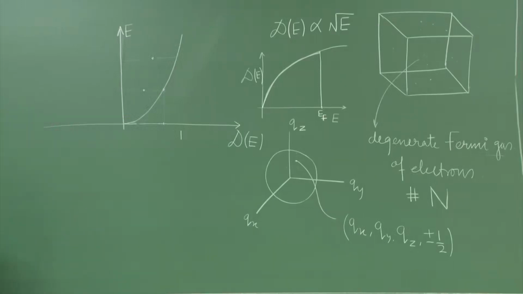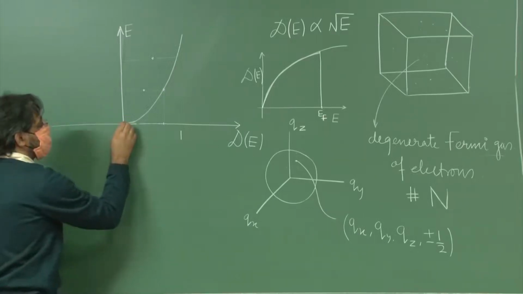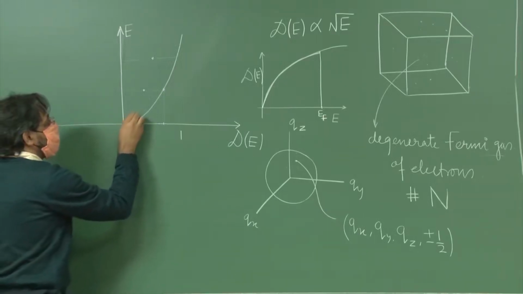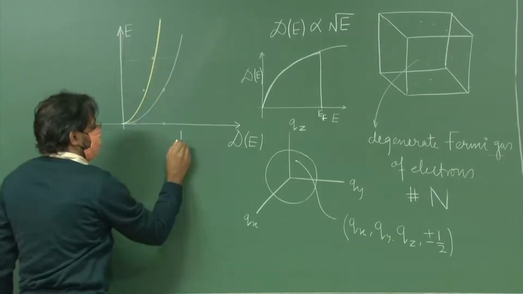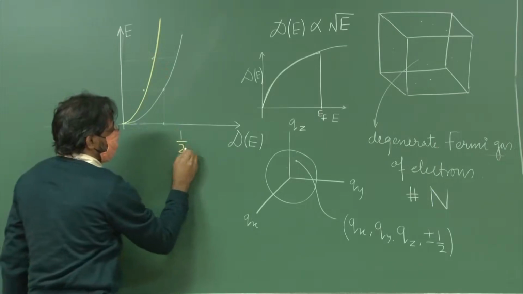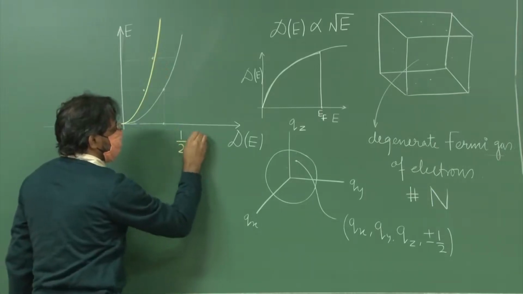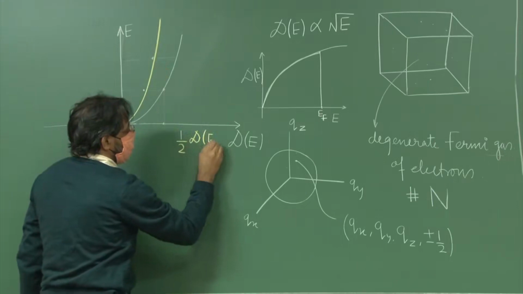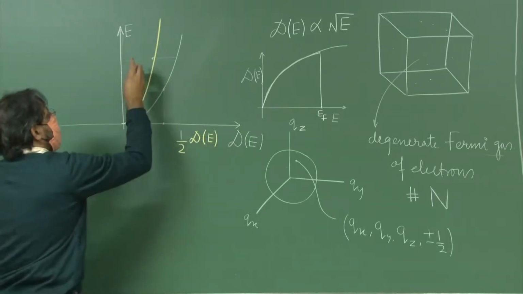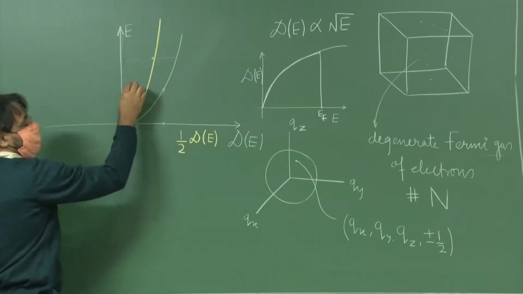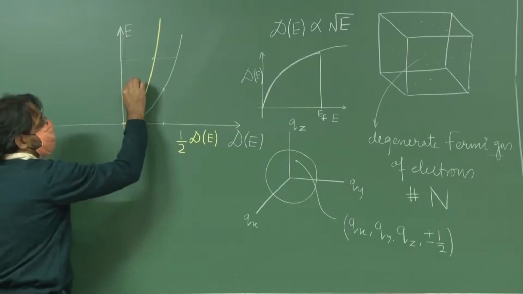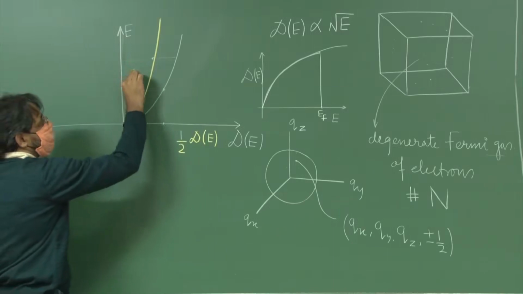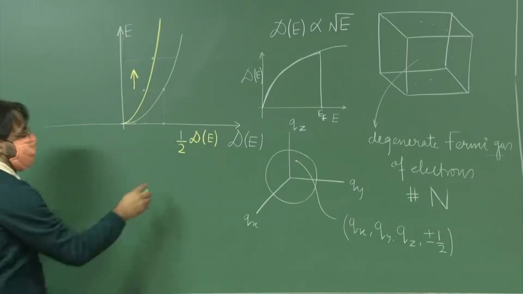So what I'm plotting now is this parabola, 1/2 D(E), which gives me the density of states of electrons with their spin up.